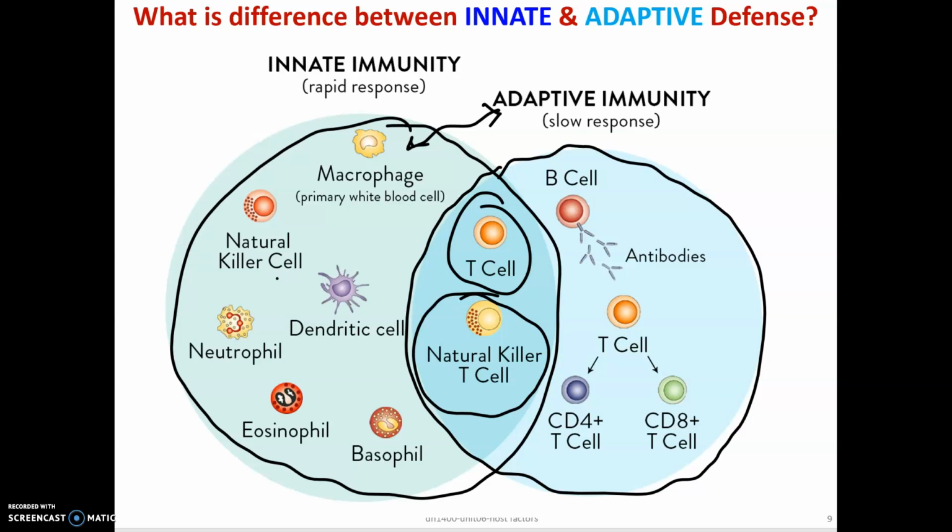When we start talking about our adaptive immunity, now we're talking about B cells that produce antibodies, and then T cells that produce different types of T cells, as well as memory cells. So the link right here, natural killer T cells and the T cells, they're super important in linking these two types of our immune system together.